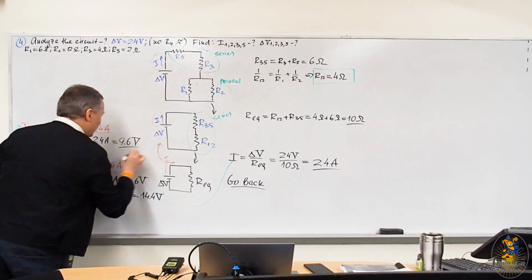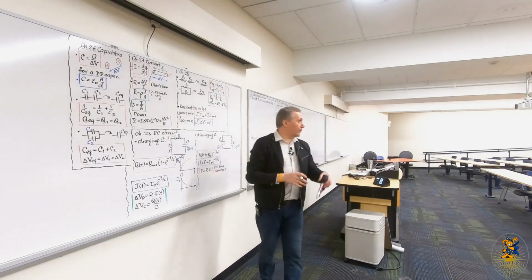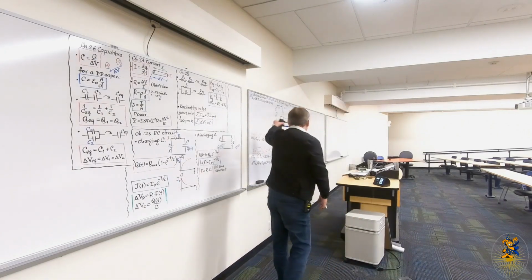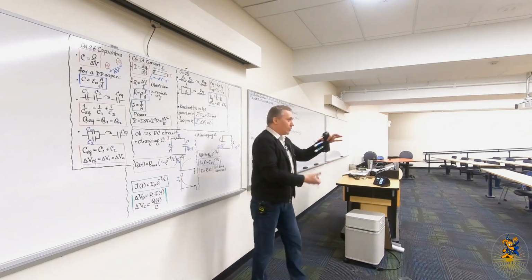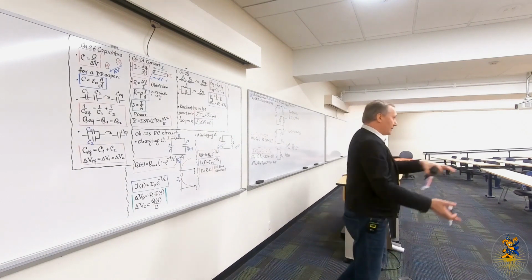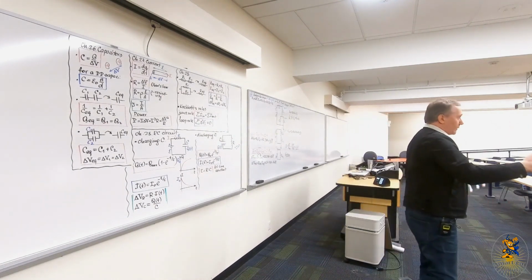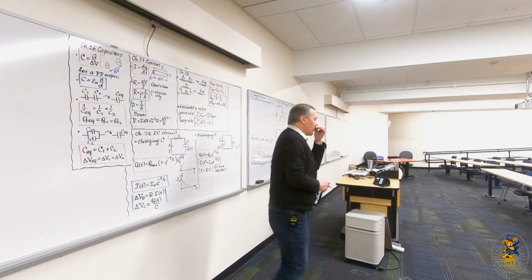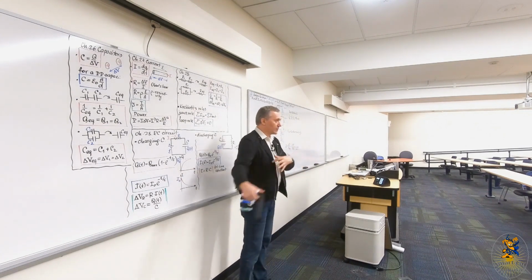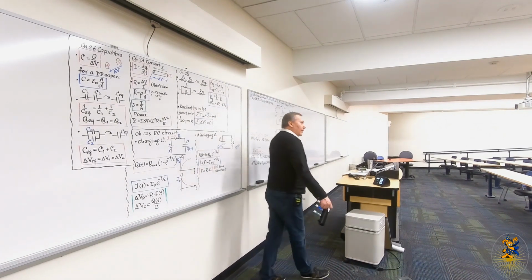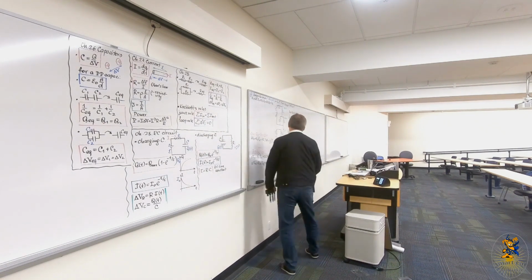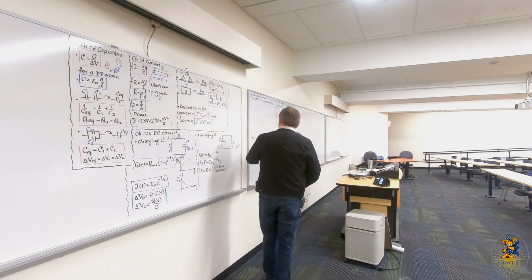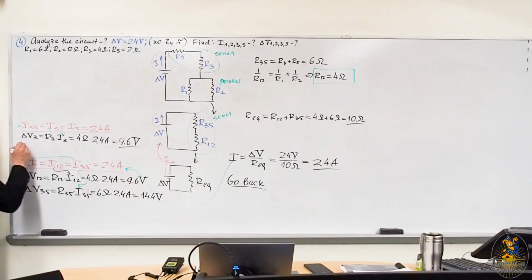And if you don't like to apply this method, if you just see that obviously the potential differences are equal to those, you can find them that way. But of course, we show the steps so that we wouldn't have to guess the reason for this or that. So delta V5.